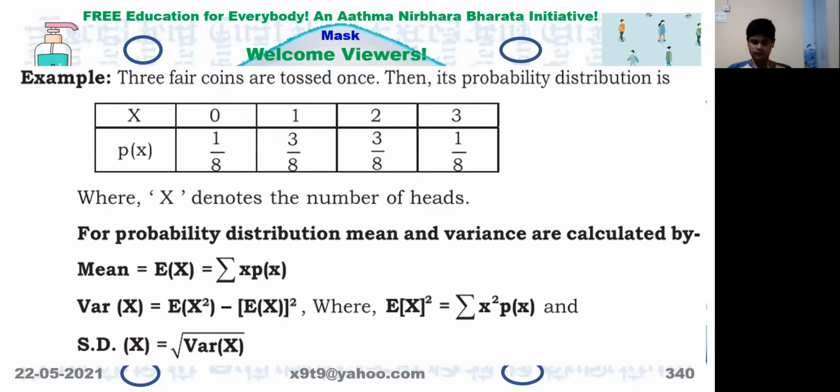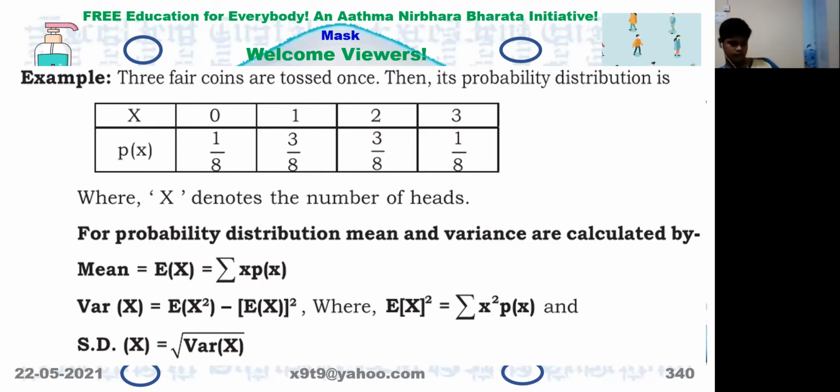Now, the second column is P of x. What is the chance of one occurring out of the total? See, totally there are 6 varieties of numbers that can come. Out of that, one can come only once.